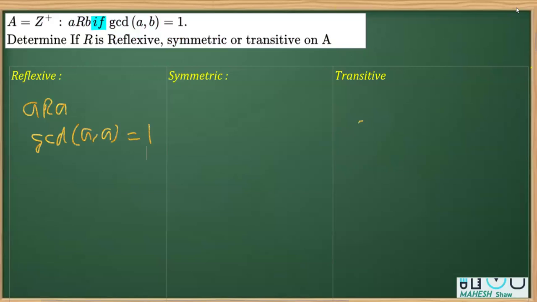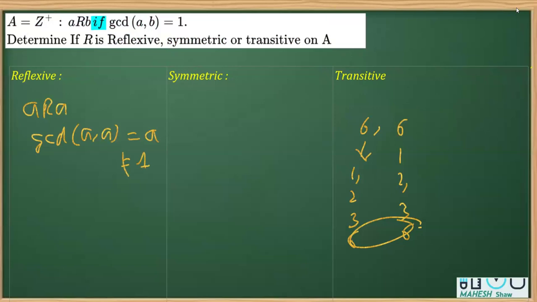Now, if I take two same numbers, like 6 and 6, the factors of 6 are 1, 2, 3, and 6 itself. So for the same number, the greatest common divisor is the number itself. So it should be a and not 1. The greatest common divisor of two same numbers has to be the number itself, so it is not coming as 1. So we can say that it is not reflexive.